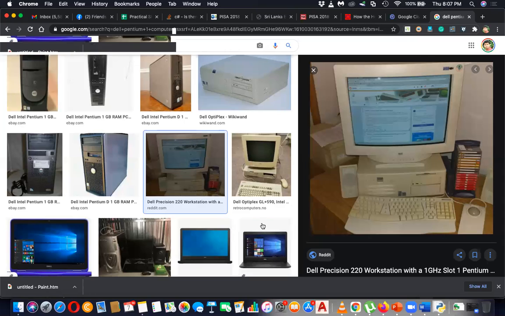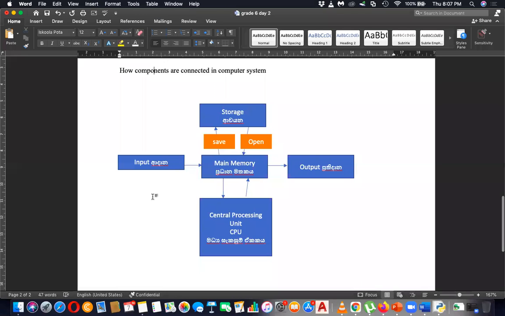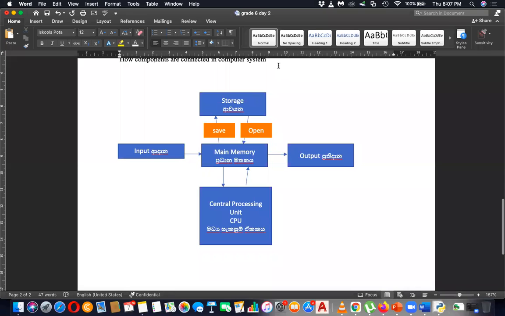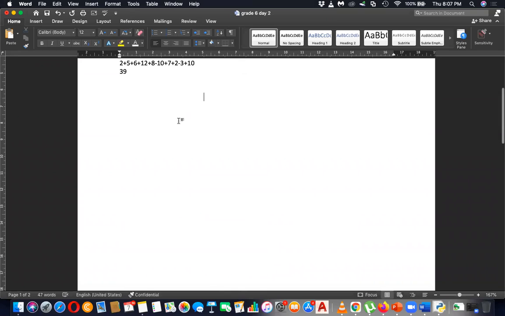Storage. Okay, let me tell you the specification, but I don't know whether you understand or not. You can compare this with your computer. I had a Pentium 1 computer. It's single core, that means only one ALU is there, and it has 166 megahertz speed.